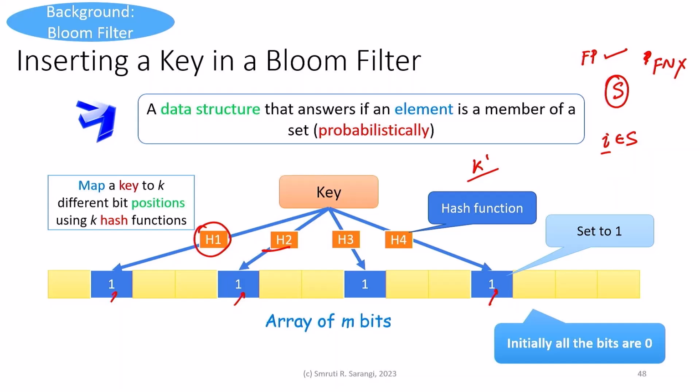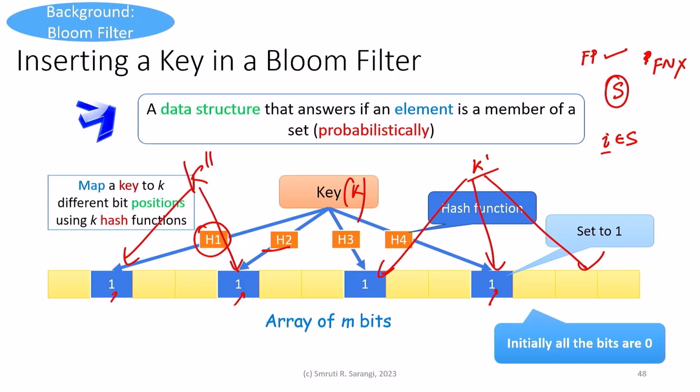Why probably? Because one key could have these locations, one more key could have these locations. Then what will happen is that k dash and k double dash are there, but k is not there. Right? Key k is not there. So then the 4 entries will still be 1, but they will not be 1 because of key k. Hence, false positives are allowed.